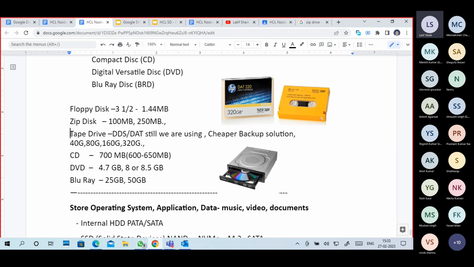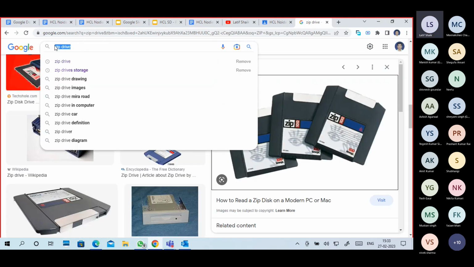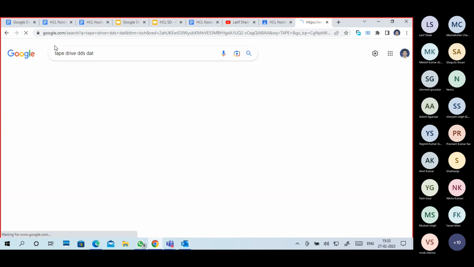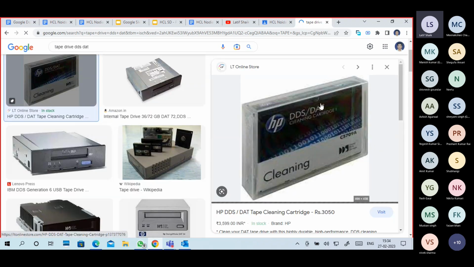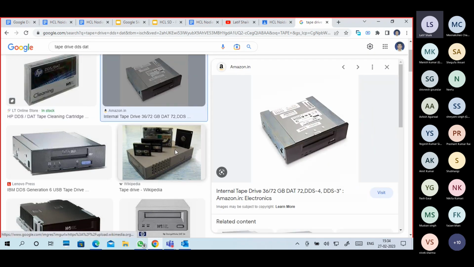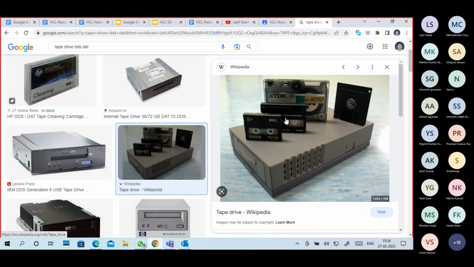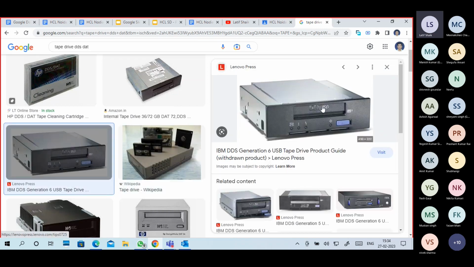And tape drives are currently in use. You can see this is a magnetic tape, like a cassette. In the olden days we had audio cassettes where we stored songs, and in the same way audio and video cassettes.